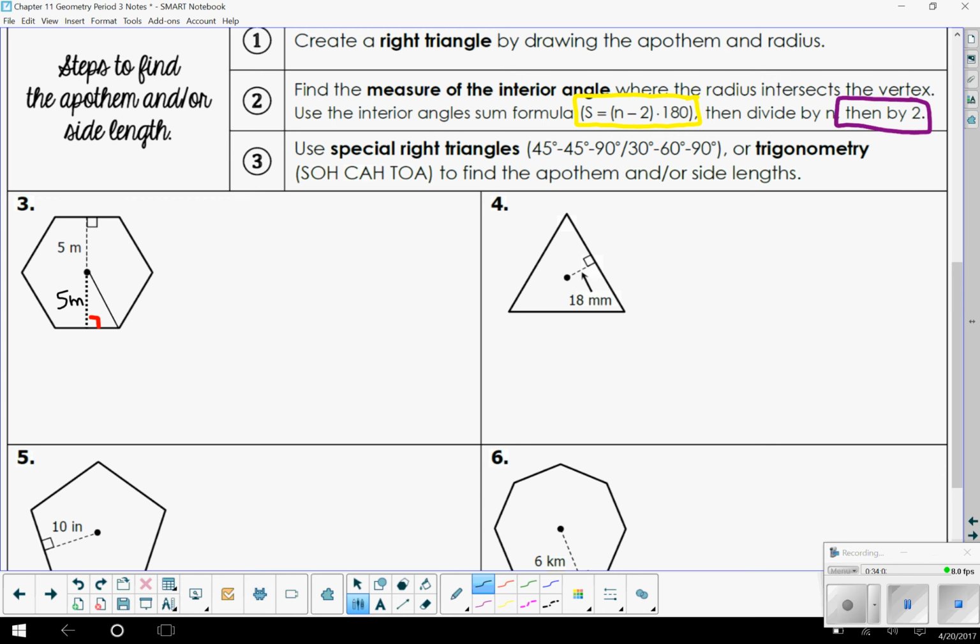It actually is a lot easier than we think. How many sides? 6. Okay.